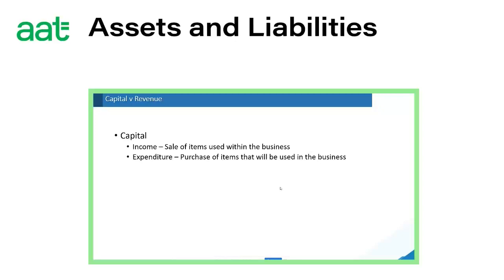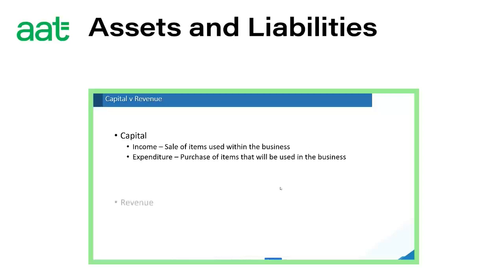But then when you sell those computers, it becomes capital income. Okay, really big difference with this. So just be careful. Don't let the examiner trip you up, because we like you to read it wrong, really. So make sure you RTFQ, read the flipping questions carefully.